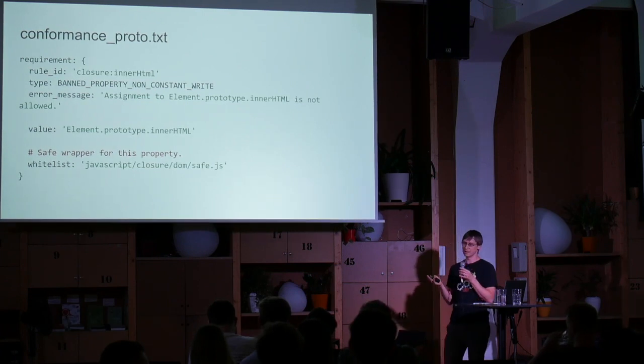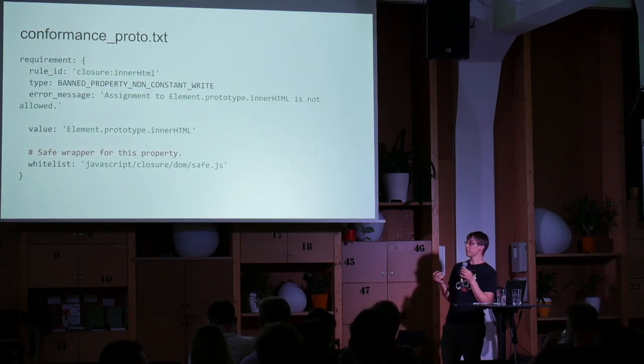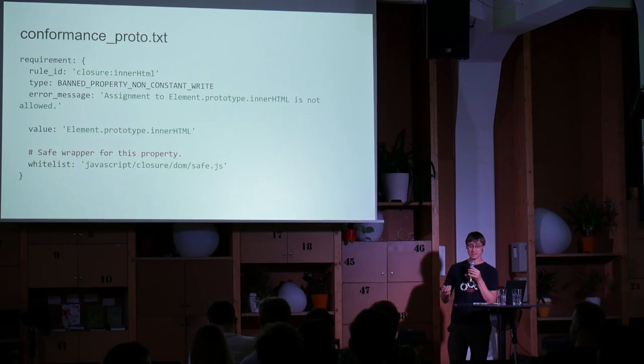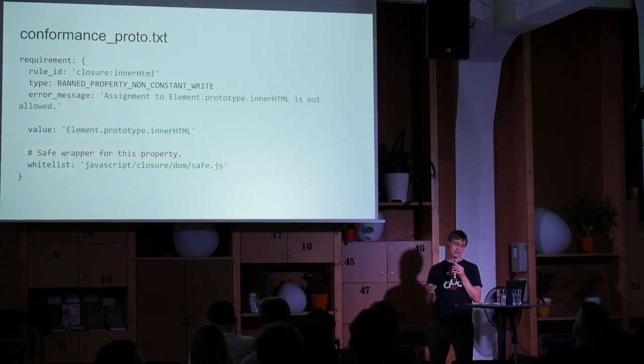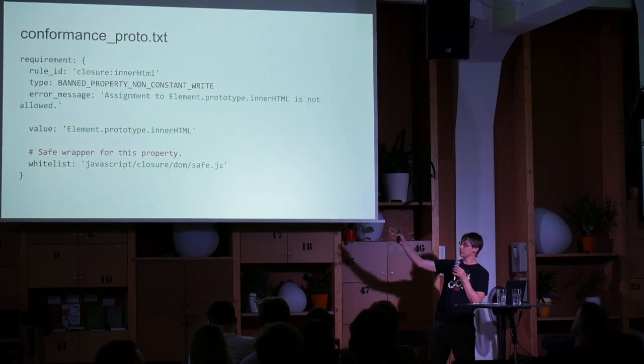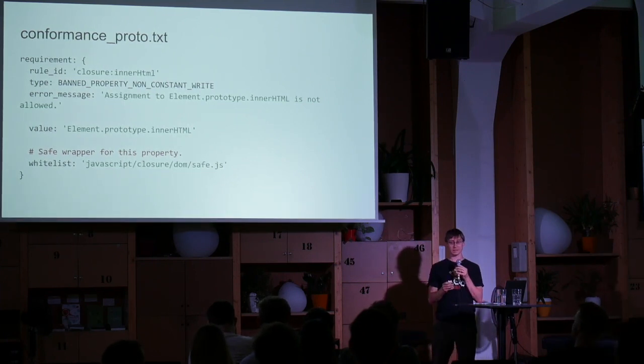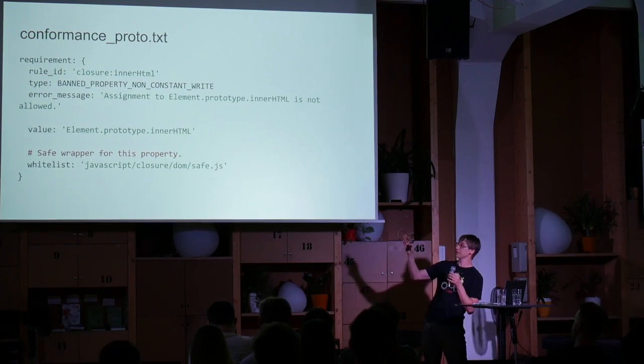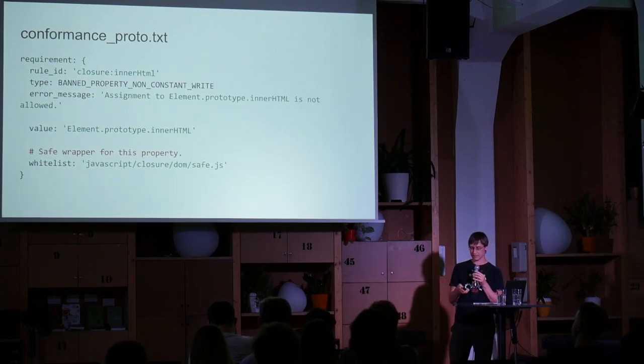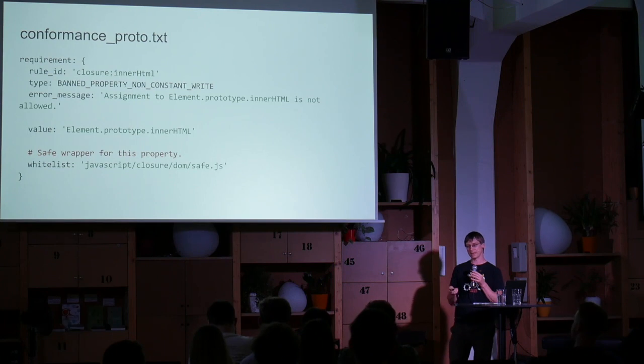And it will suggest what to use instead. There's also a whitelist. So for example, the file using inner HTML is whitelisted and nothing else, right? So Google safe is only allowed to assign something to inner HTML and nobody else.